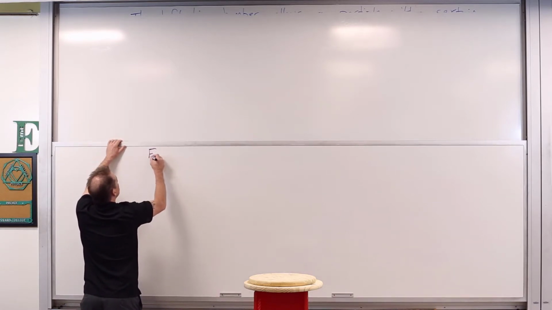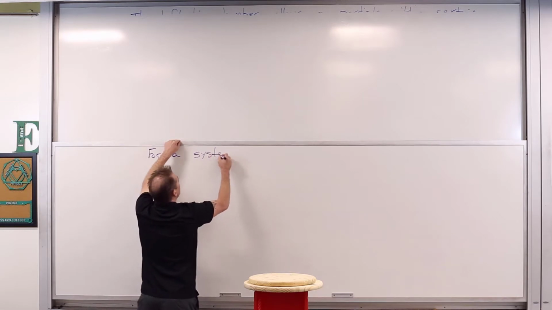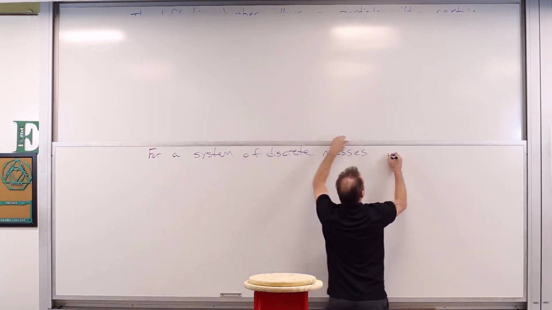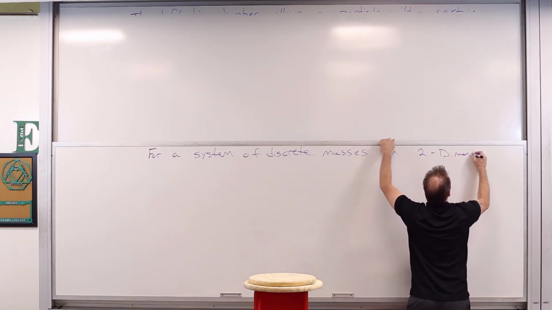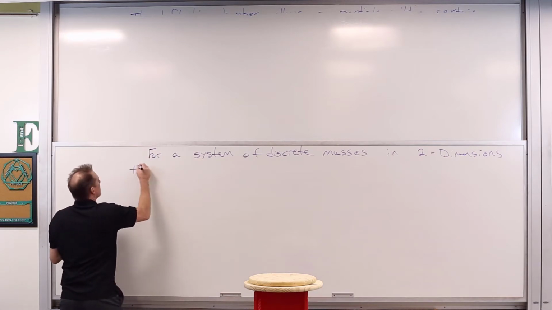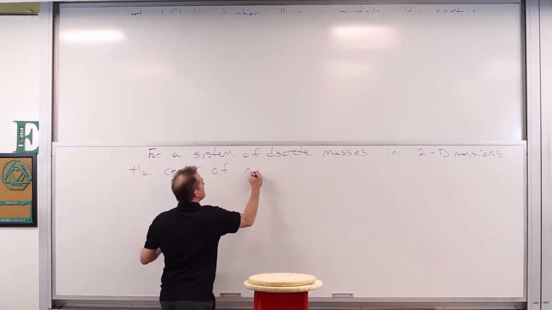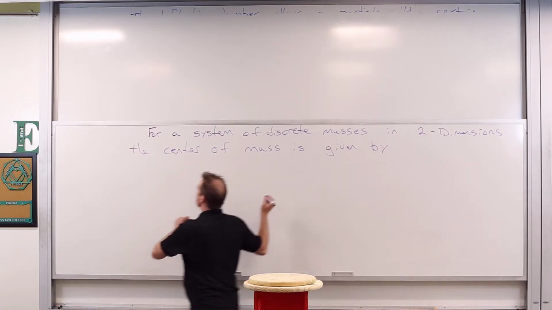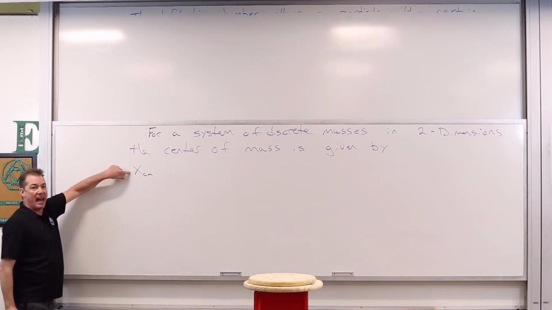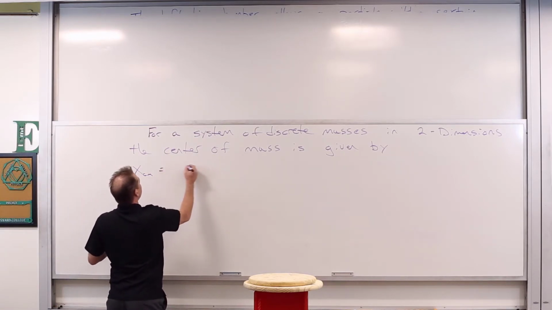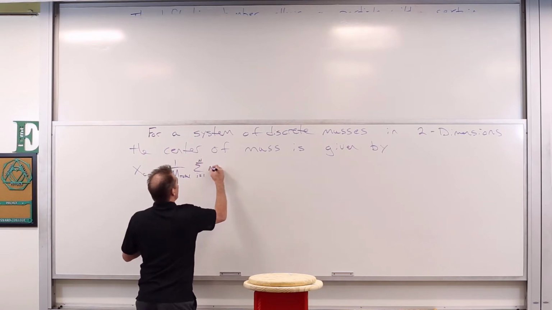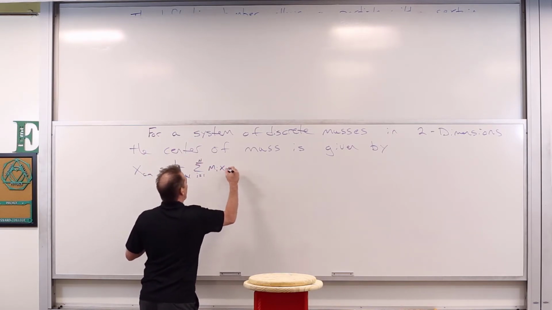So for a system of discrete masses, we'll just say in 2 dimensions, the center of mass is given by x_cm, the x position of the center of mass, equal to 1 over m total times the sum from i equals 1 to n of m_i x_i.